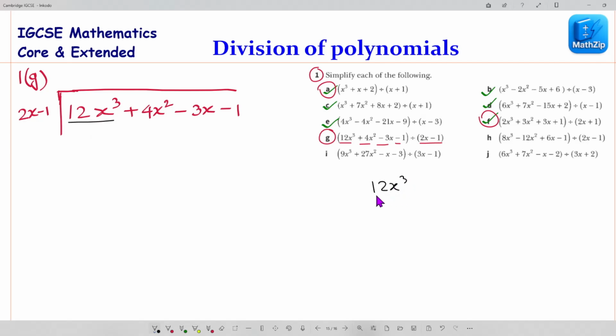12x cube, once we divide by 2x we will get 6x square. So the quotient's first term is 6x square. 6 times 2 is 12, x square times x is x cube.